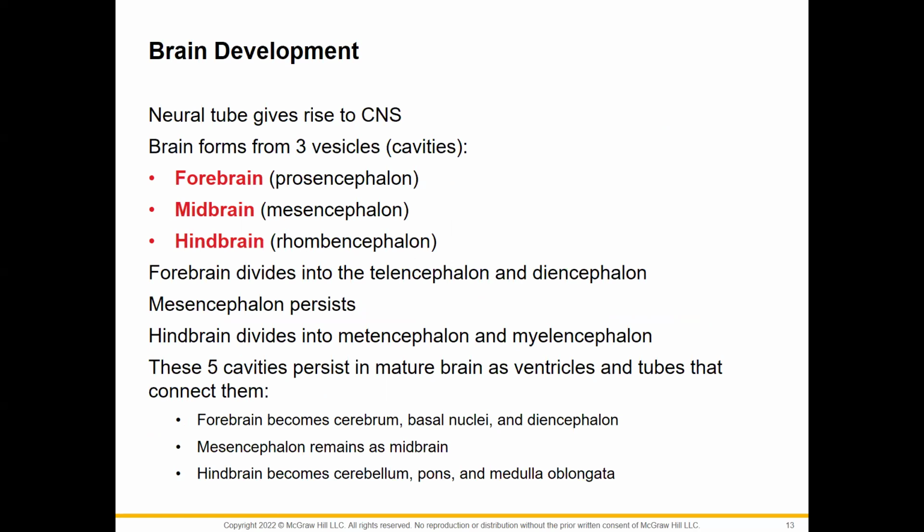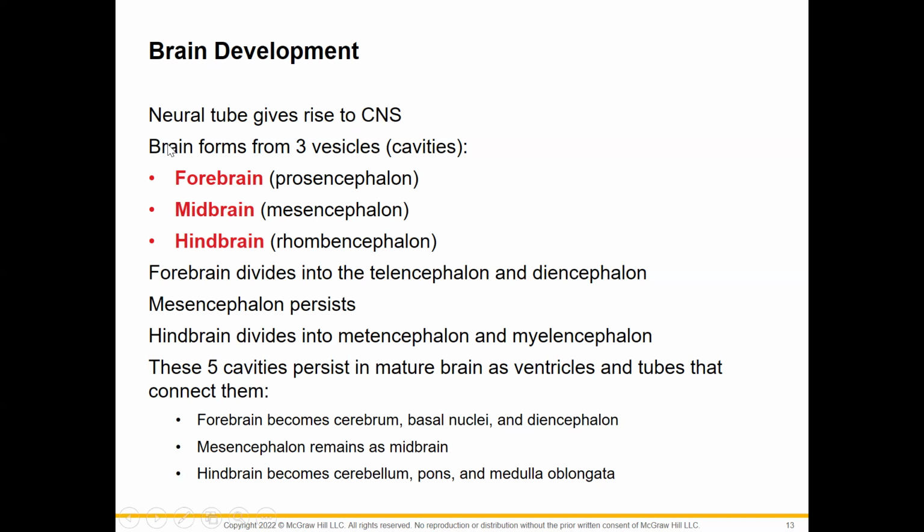What I want you to know for brain development is that when the zygote is forming multiple cells, eventually some cells in that cell ball fold in on itself to become a tube. We call that the neural tube. That neural tube eventually becomes the central nervous system.